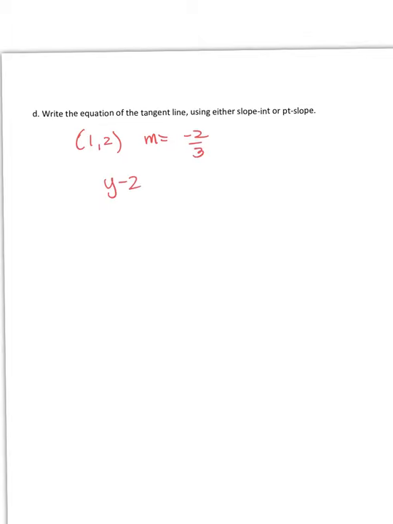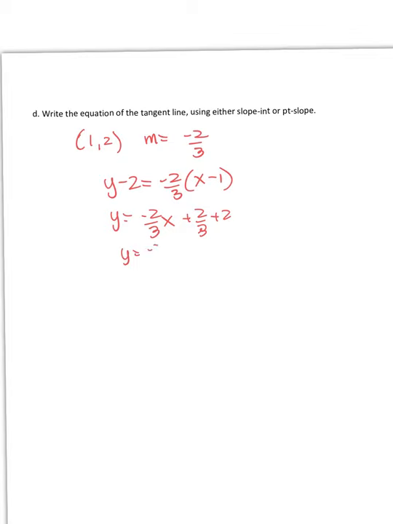So here we go, just using point slope form. If you prefer to use slope intercept form, you can. So what would we get with this? y is equal to negative 2/3 x, plus 2/3, and we are adding the 2 from the other side.